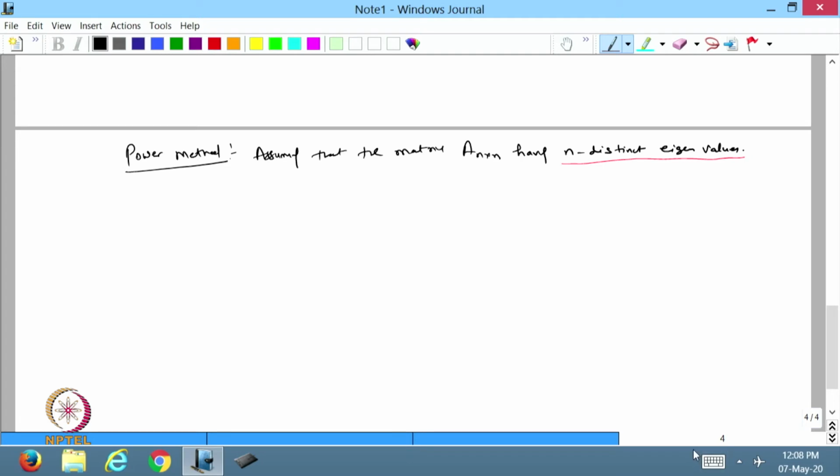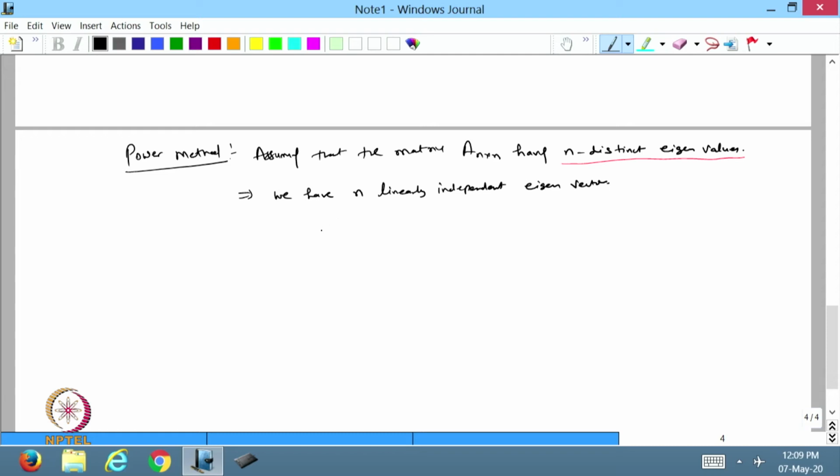So, that we are not keeping in mind; we are having n distinct eigenvalues. Now, we know that if we have n distinct eigenvalues, then this implies that we have n linearly independent eigenvectors.